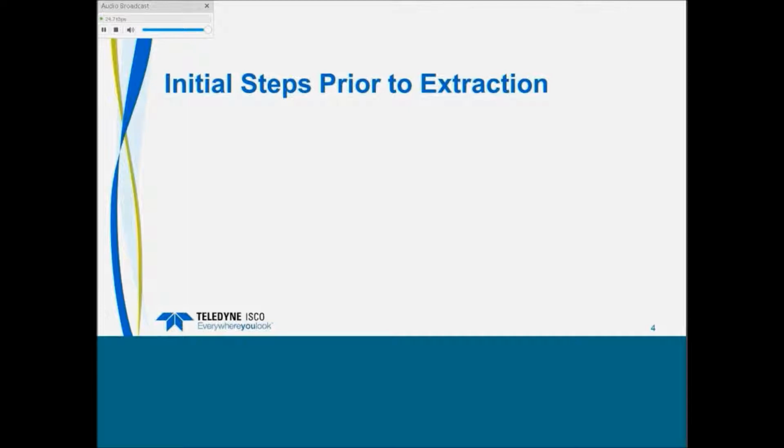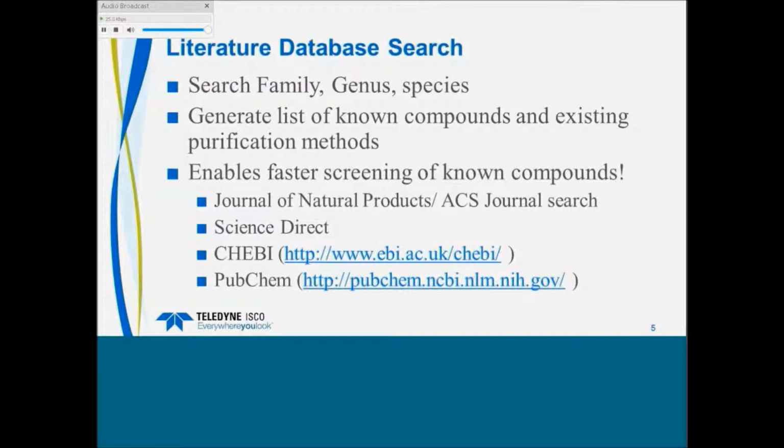The initial steps prior to extraction, this is really meant for people who are new to natural products research. Those that have been working in the field probably use these techniques already, but before doing any sort of purification, spend a little bit of time looking at the genus and species in the literature and see what compounds have been isolated already.